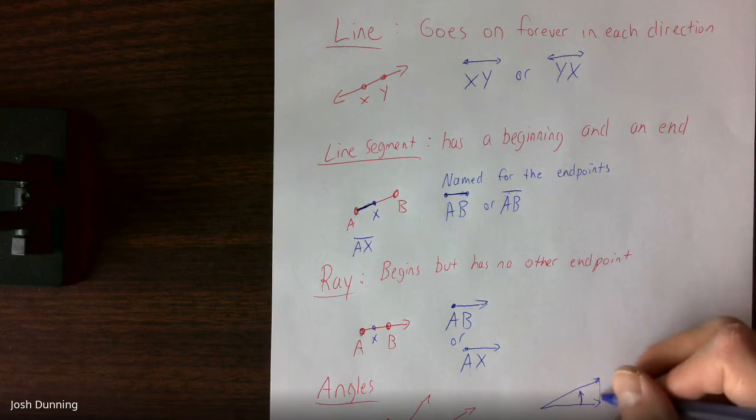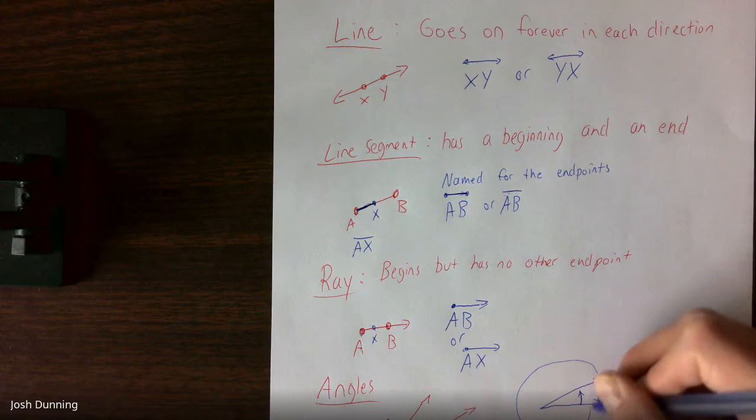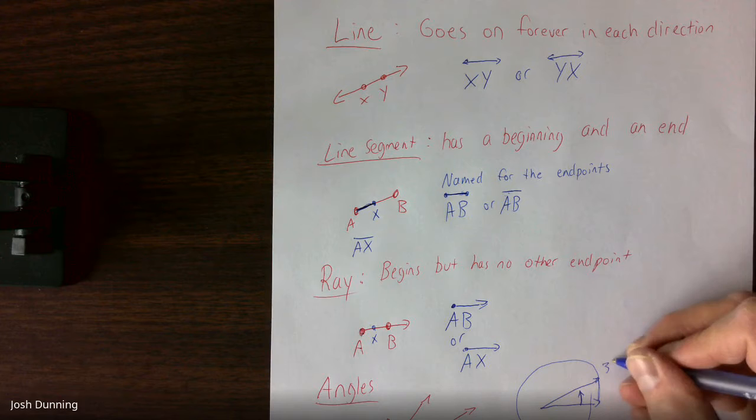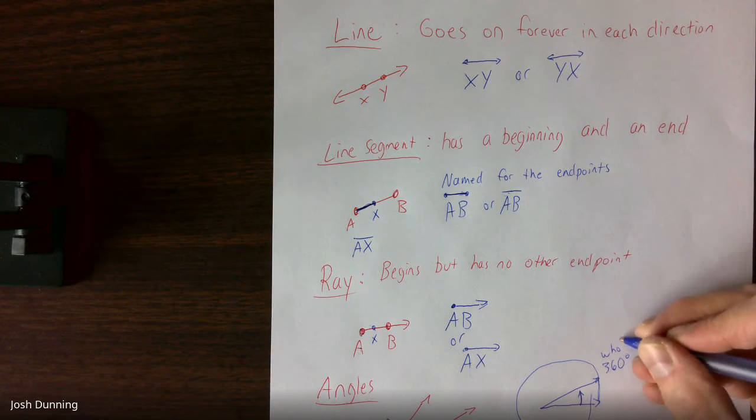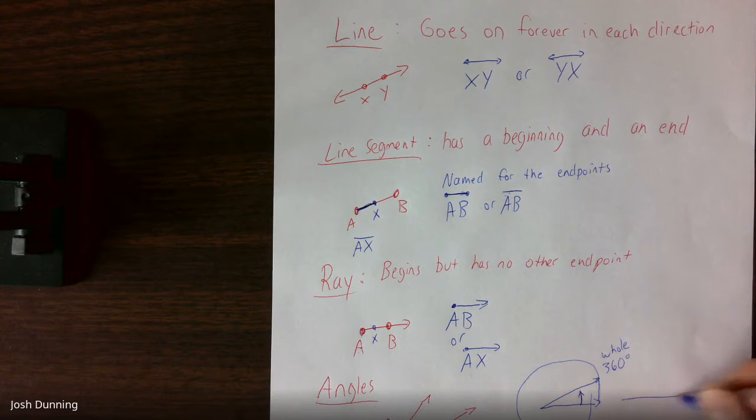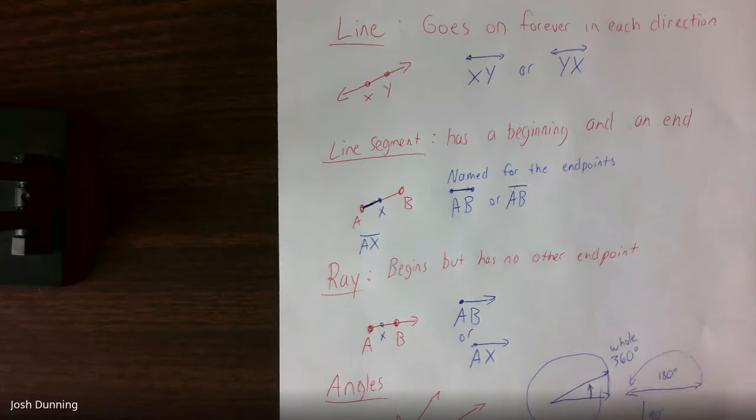If you were to rotate all the way around in a circle, that's 360, a whole circle. A half circle, a semicircle, which would form a straight line, is 180. And if you look at half of a straight line, cut it in half, this is 90. These are important angles that we'll use a lot this year.